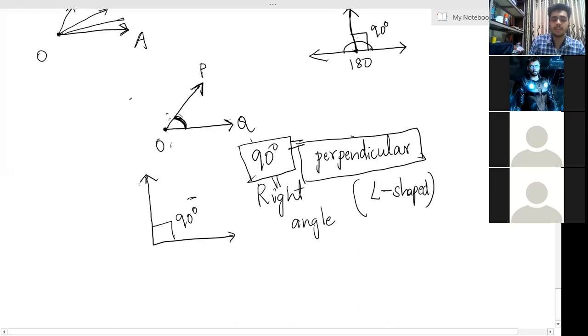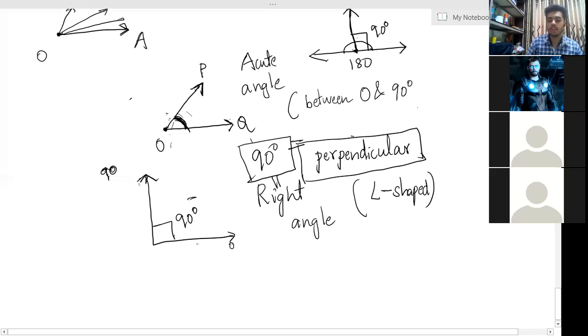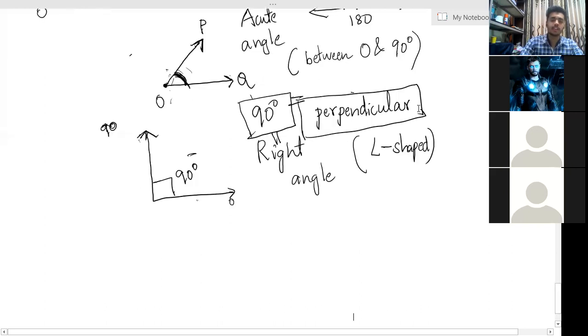So between 0 and 90, the straight position is 90, we call it an acute angle. That is between 0 and 90 degrees.